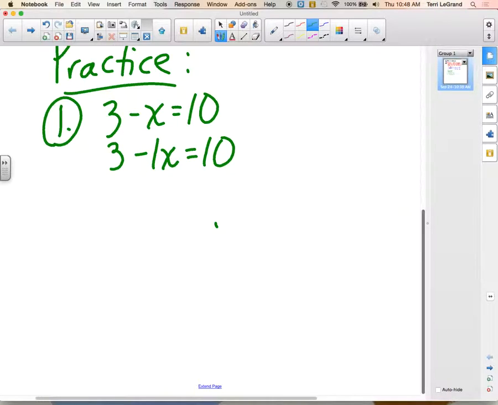Julia, what does it say we decided yesterday we should do first? Addition and subtraction. We should undo addition and subtraction first. So that means we would undo the adding 3, because we can read addition backwards. It's negative 1x plus 3, so we should do like Jossie suggested in the beginning, subtract 3 from both sides. Undo the addition first in this one.